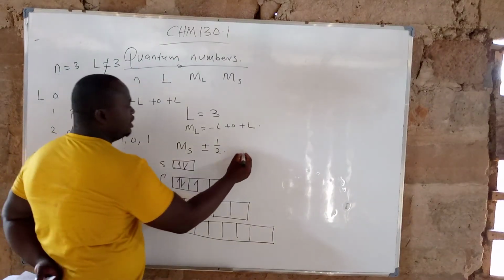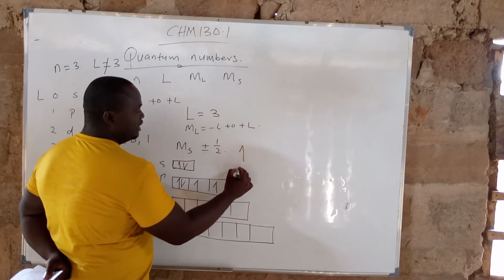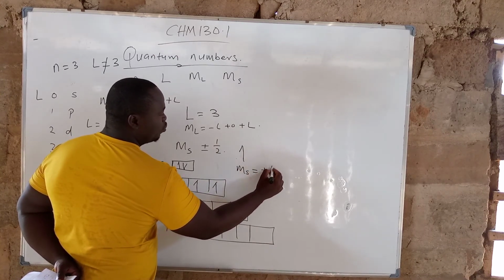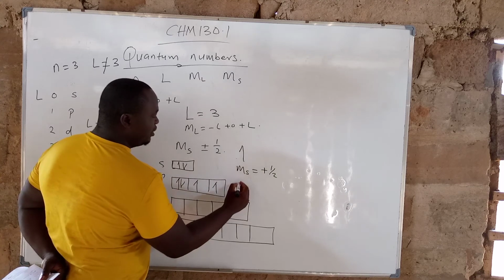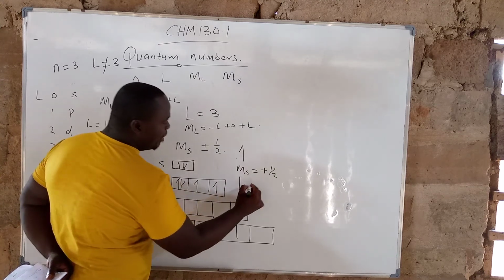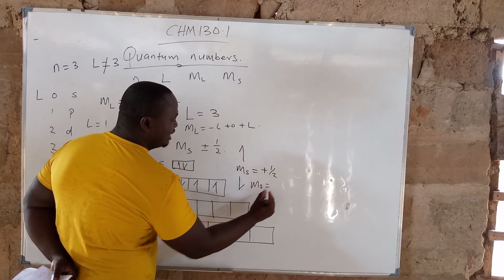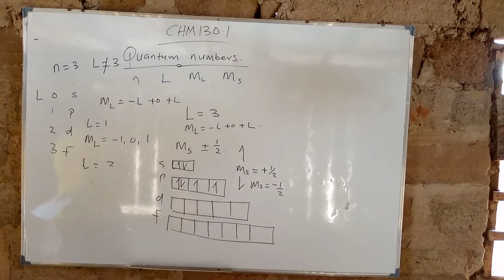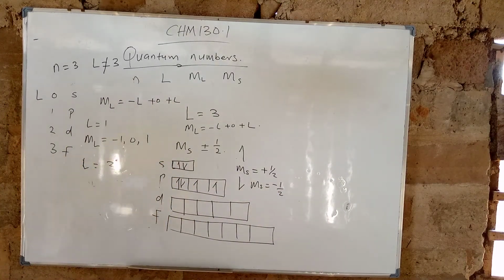If the arrow is facing upward like this, your magnetic spin is plus 1/2. But if the arrow is facing this way, your magnetic spin is minus 1/2. Take note of it very well. When we start solving calculations under this, you will understand it perfectly.